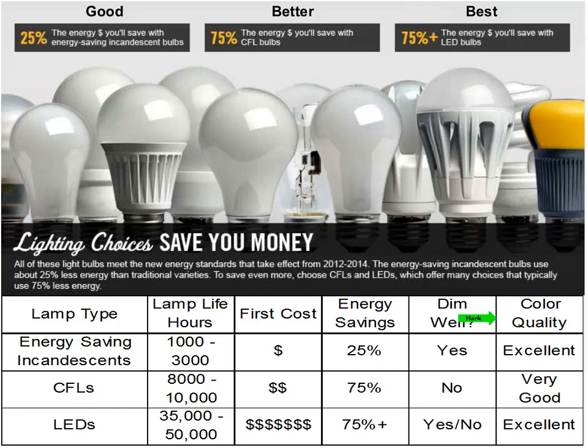For color quality, incandescents are considered to have excellent color quality. CFLs are not quite as good, and LEDs are going to be very good to excellent. So you need to do your homework and make a choice based on your application, hours of operation, and which of these features are important to you.